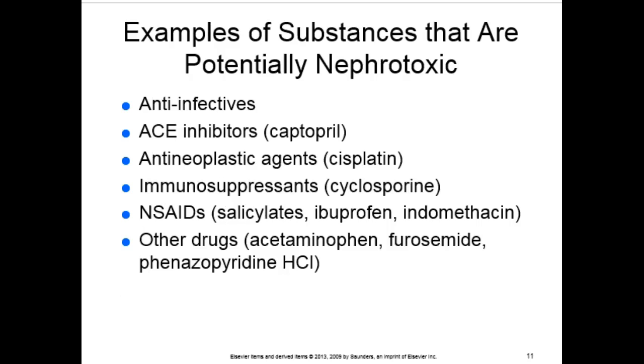Here are some examples of potentially nephrotoxic substances. First of all, anti-infectives such as aminoglycosides, sulfonamides, antifungals, cephalosporins, tetracyclines can cause kidney damage.